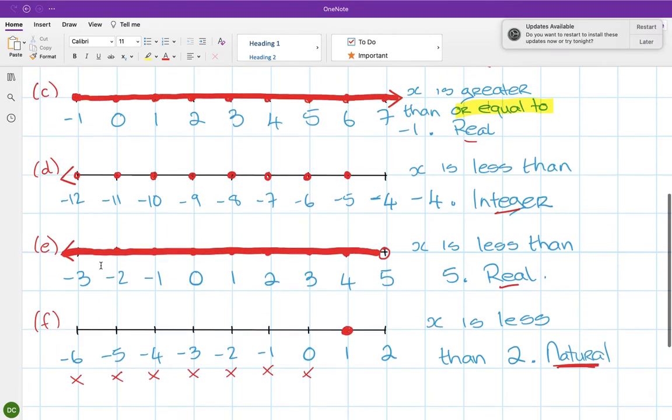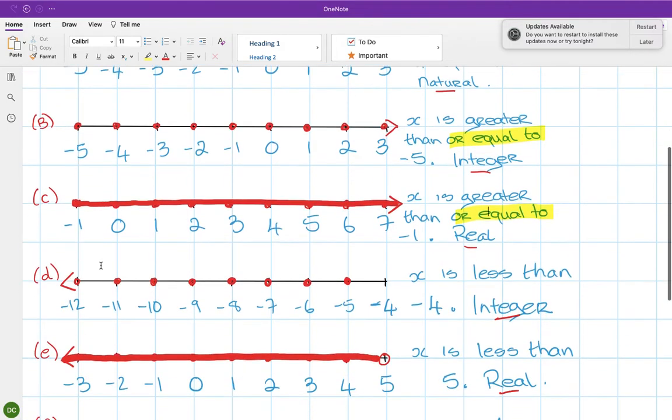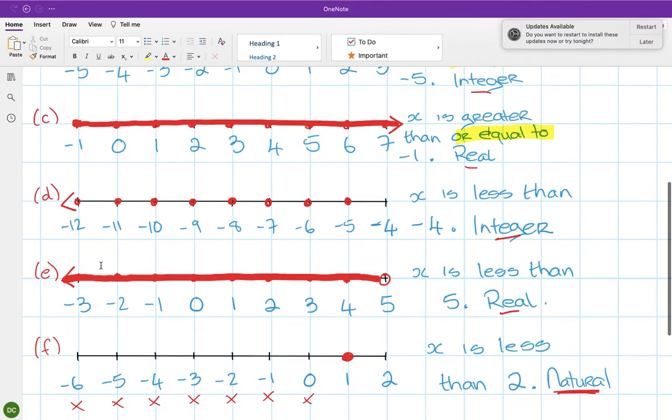Okay, so they have to be perfect. So you have to have the dots in the right places, the arrows in the right places. You know, the only difference between your number lines and my number lines is that yours might not necessarily have as many numbers.